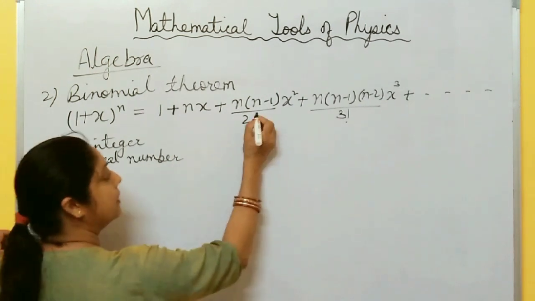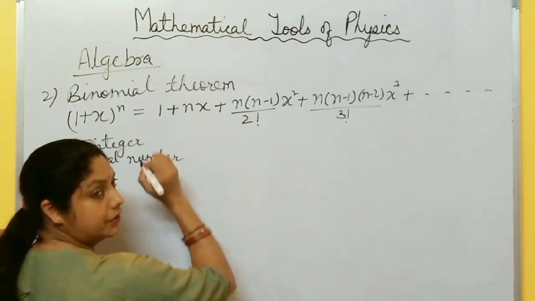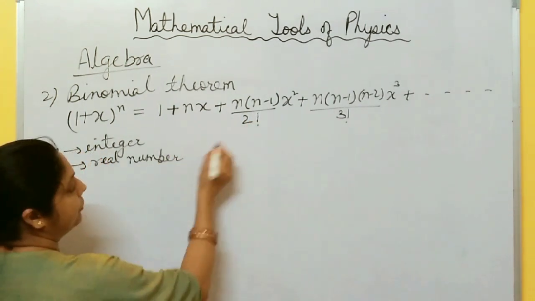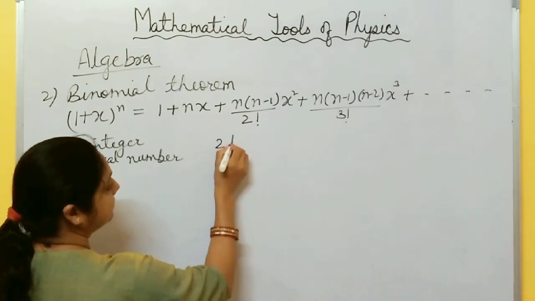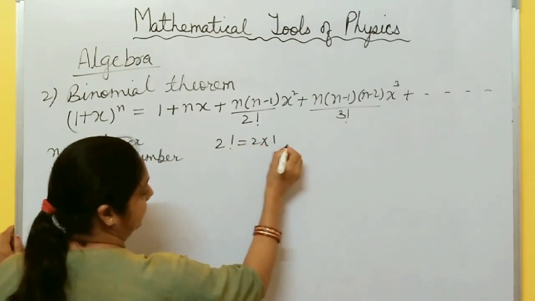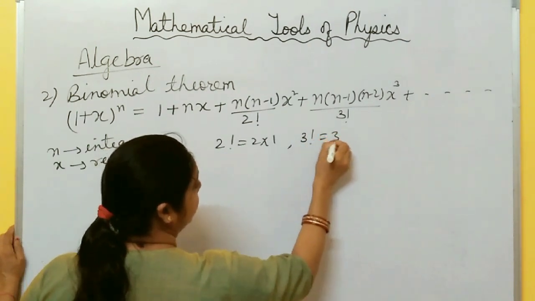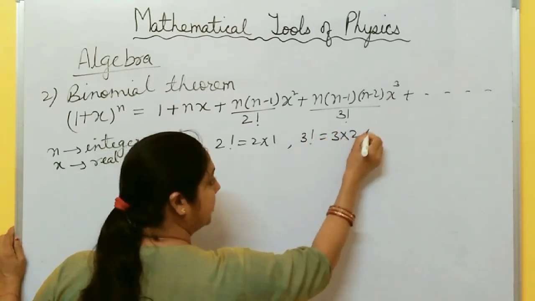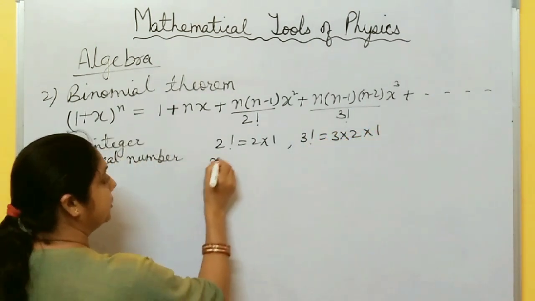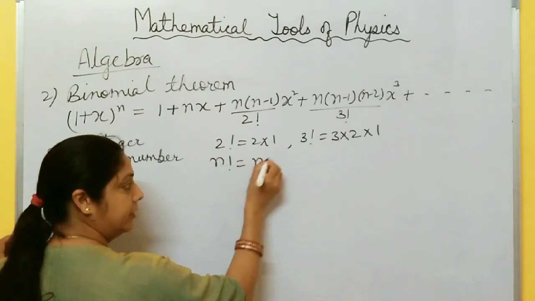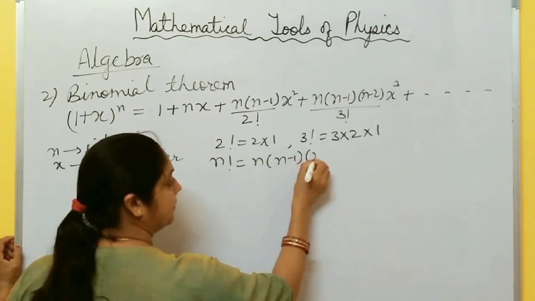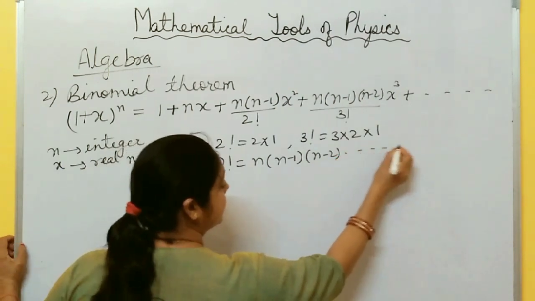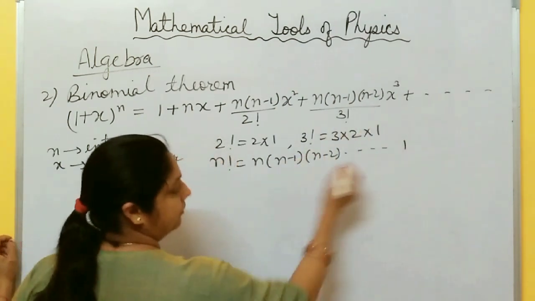Here this is the symbol of factorial. The value for 2 factorial is 2 into 1. 3 factorial is 3 into 2 into 1. General formula for n factorial is n, n minus 1, n minus 2, up to 1.